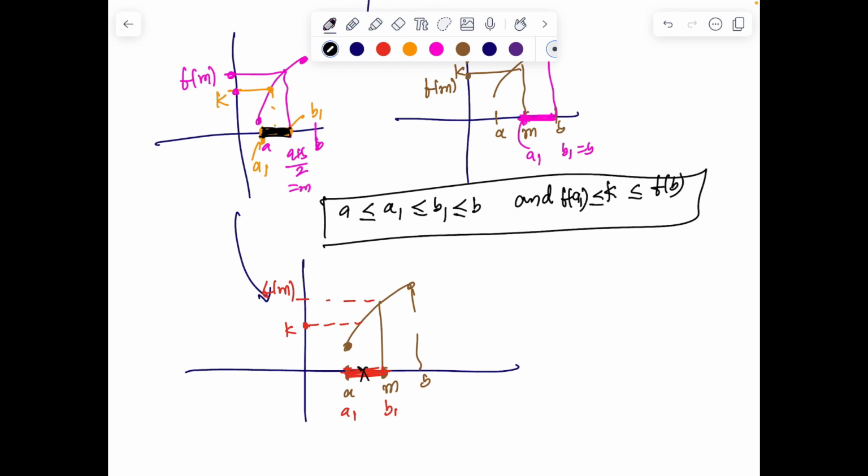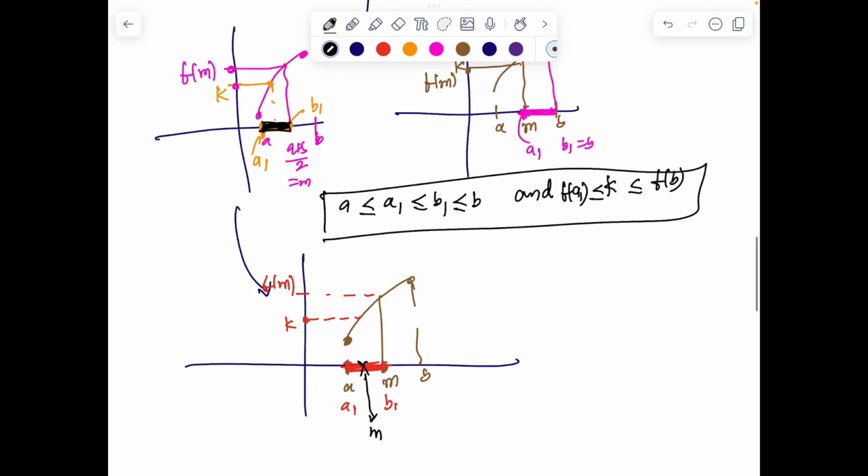So again I take a midpoint of A1 and B1, and let's call it again M. I still will have two cases. For example, at this side, suppose this new updated M, I am still giving the same name, but you can call it M star or M1 or whatever.